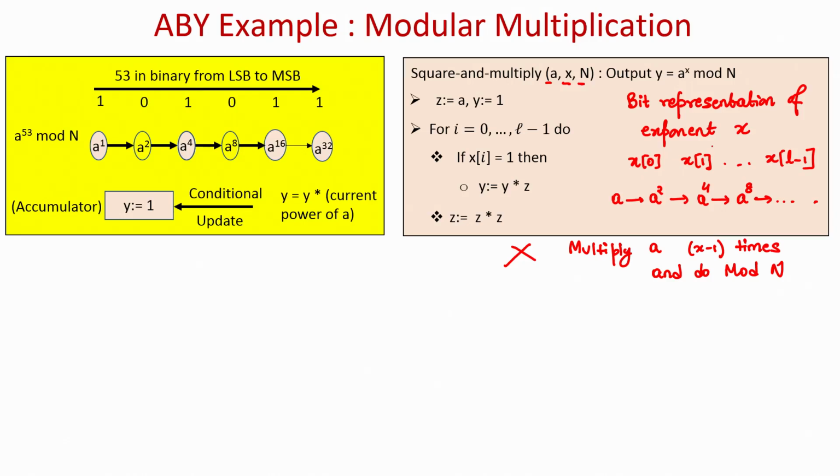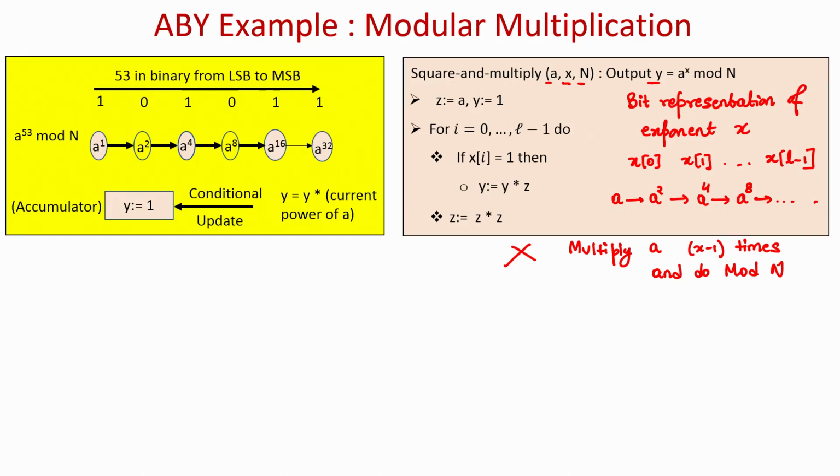If it is 1, then whatever partial result we have computed till now, where our eventual goal is to compute a power x, we will compute it step by step and accumulate the required powers of a to get this a power x done. So, if the current bit of x is 1, then we have to accumulate the current power of a that we are considering.